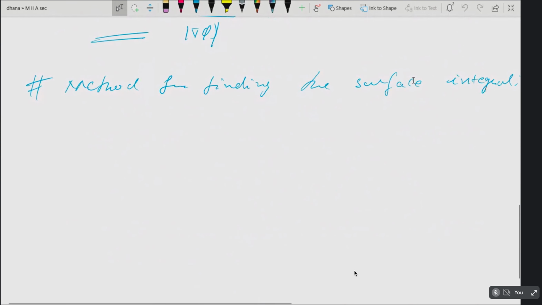Okay, so those things only we are going to do here. We are going to express this surface integral as the double integral which is taken over the projection R of the surface on any of the coordinate planes. So let me write this statement.